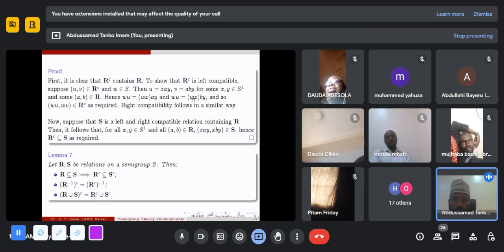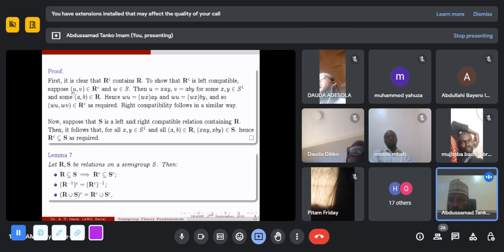And so therefore, what we have here is that WU and WV are RC related, because any ordered pair of this type belongs to RC. So if WU and WV can be written in that form, then they are RC related.